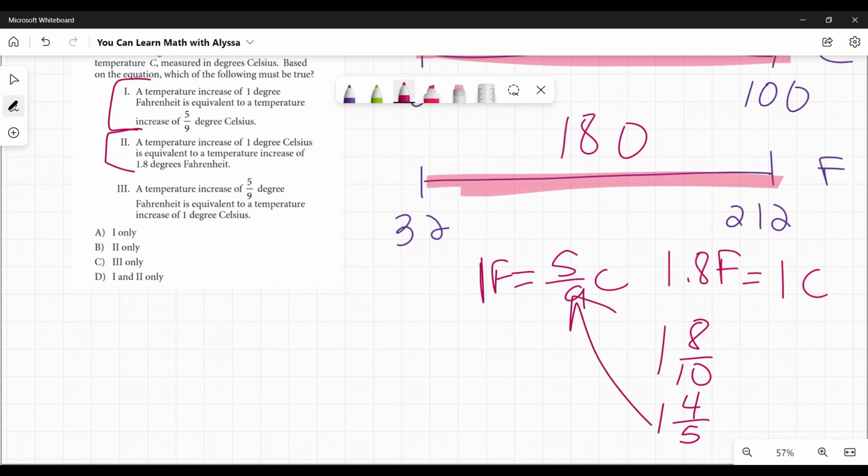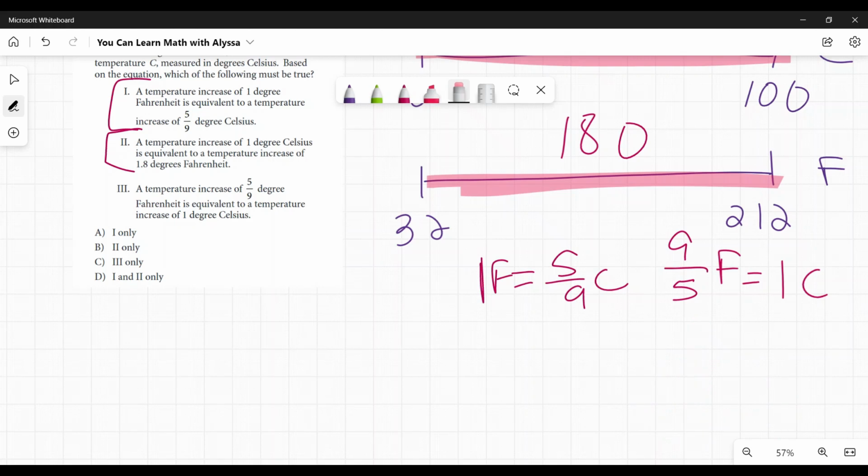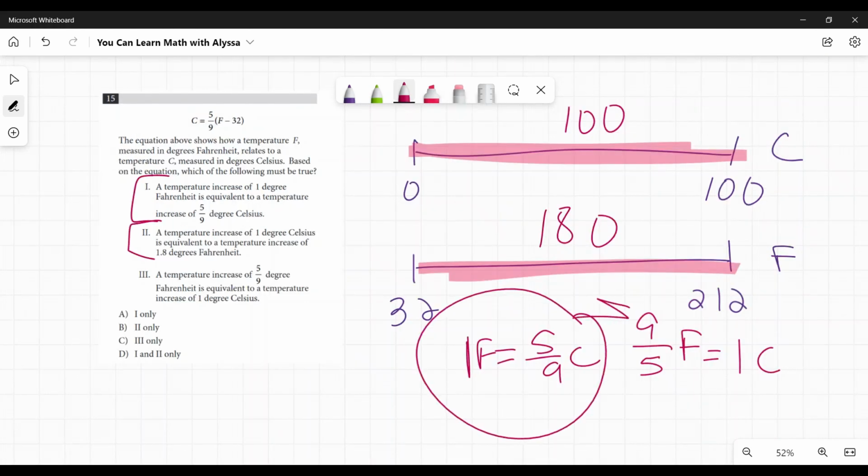And if I converted it to a fraction like this, you would say 5 times 1 plus 4 gives me 9/5. All right, so now it's saying that 9/5 degree of Fahrenheit is equal to 1 degree Celsius. All right, so how would I get from this to see if these are equivalent?